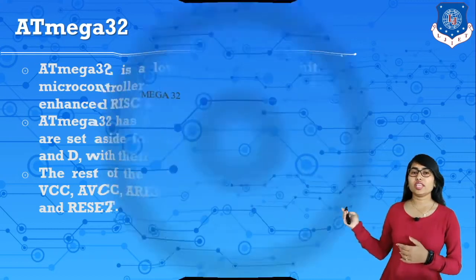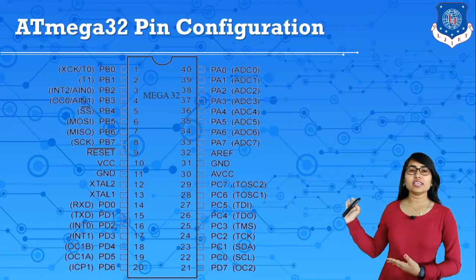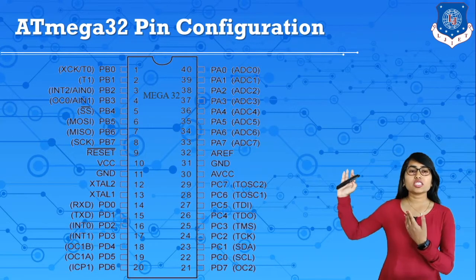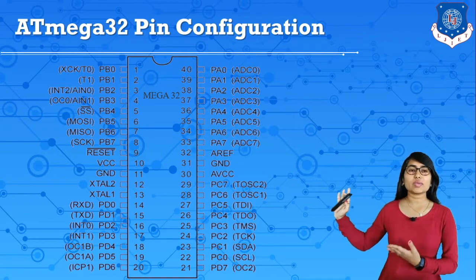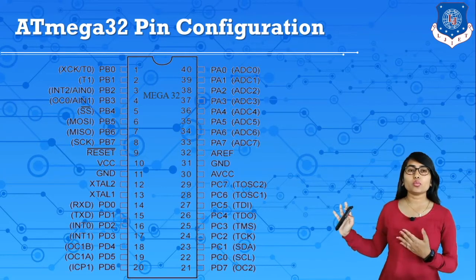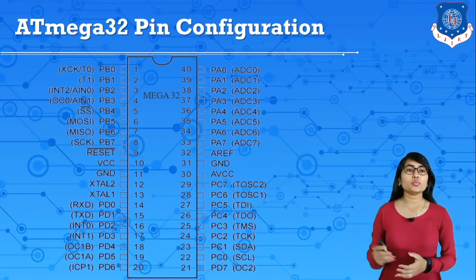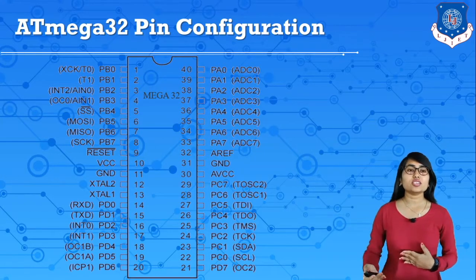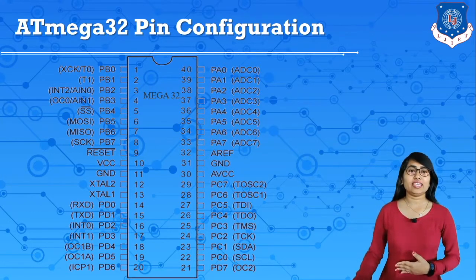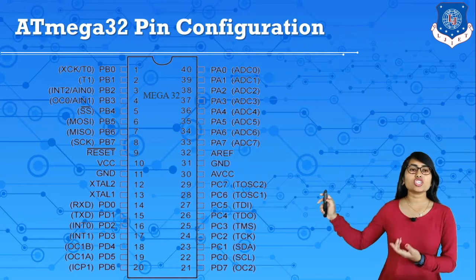So here we have the ATmega32 pin configuration. Here pins 1 to 8 are basically for port B, then pins 14 to 20 for port D, then port A and port C. These ports B, C, D, A have a variety of other features or configurations.